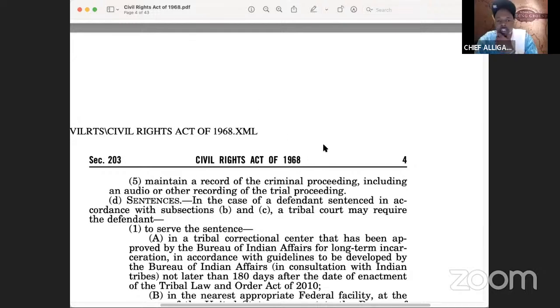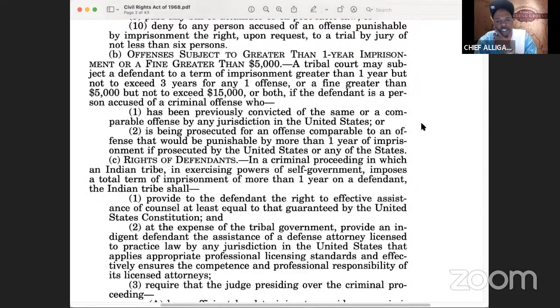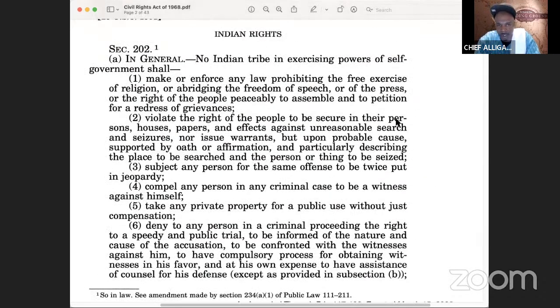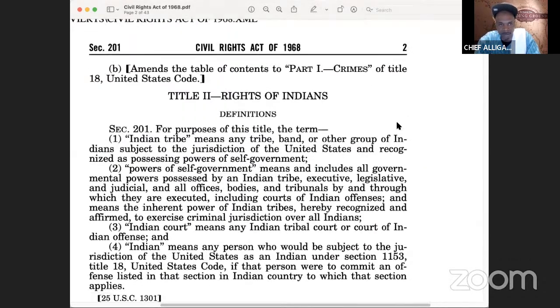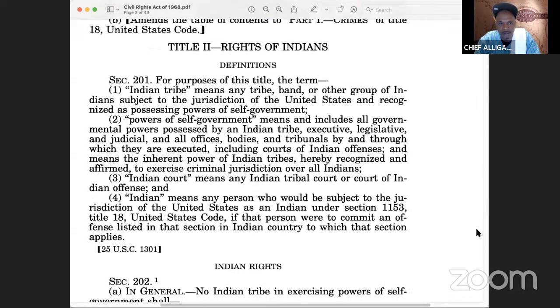Can you scroll back up, as we close out today's video, to where it says the definition of Indian? As we read this document, we're just going to keep coming back to this. What we're showing is, find us a document from Congress where they give rights to the Black, Negro, or colored, and list the definition of what the Black, Negro, or colored is.